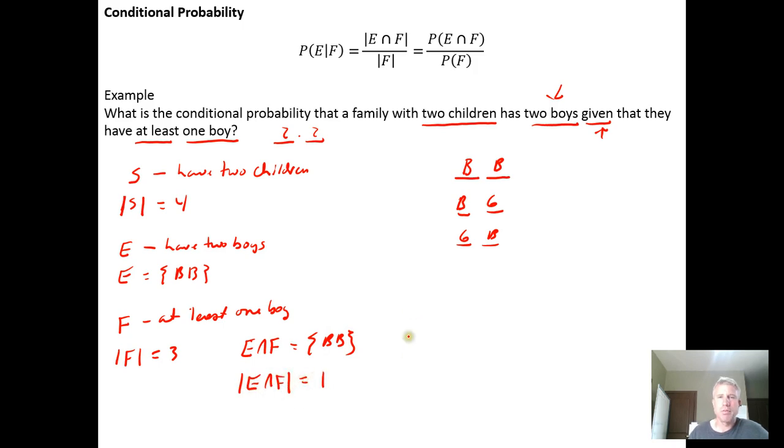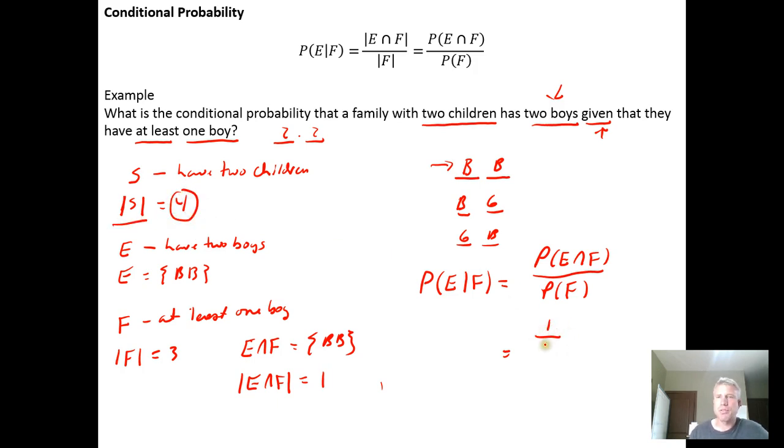is just 1. And so then we can say, hey, the probability that we have 2 boys given we have at least 1 boy is going to be equal to the probability of the intersection divided by the probability of F itself. And the probability of the intersection, there's 1 element in the intersection, that's the boy, boy, over the sample space, which is 4.